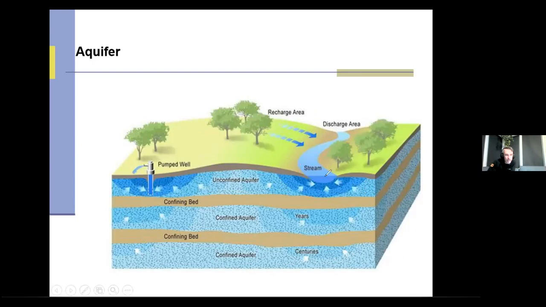In this stream here, you can see that it has surface water and groundwater from underneath. That's always typical, whether it's a stream or a river, always two sources of water going into there. So always remember that.